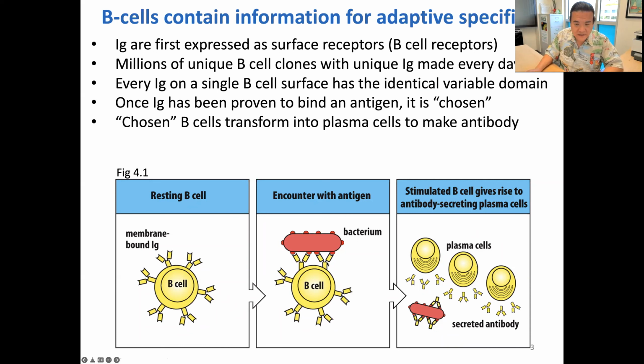That chosen B cell is basically told, hey, your immunoglobulins are really valuable because they work. They're actually working to bind this novel pathogen. And so that B cell will then be instructed to stop making just the receptor form of the immunoglobulin. It's now encouraged to turn into a plasma cell.